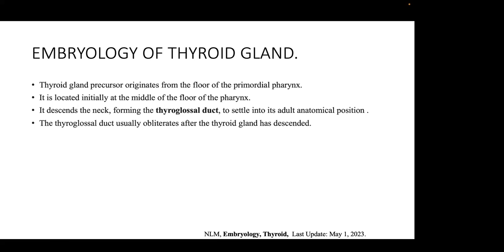In addition, in the third week of gestation, we have cells which are proliferating, and a diverticulum is being created, the thyroid diverticulum, which will go downwards through the fifth week of gestation, caudally along the midline.